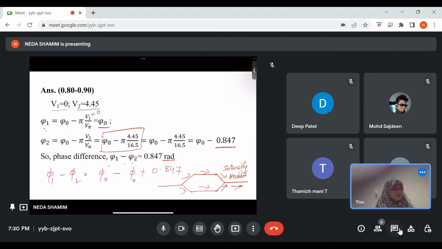All clear? So our next question is based on this. So if the intensity coming in is I0, then the intensity coming out would be I0 by 2 times 1 plus cos of delta phi. Okay, that will be the intensity which we'll get out of this.